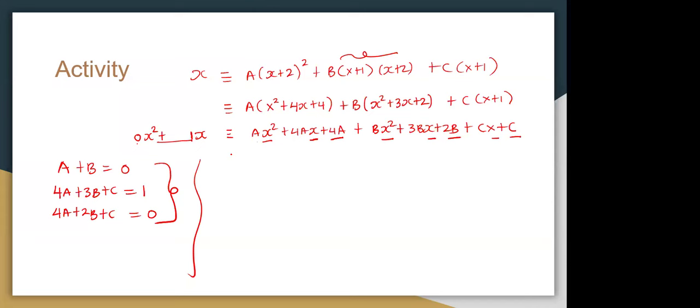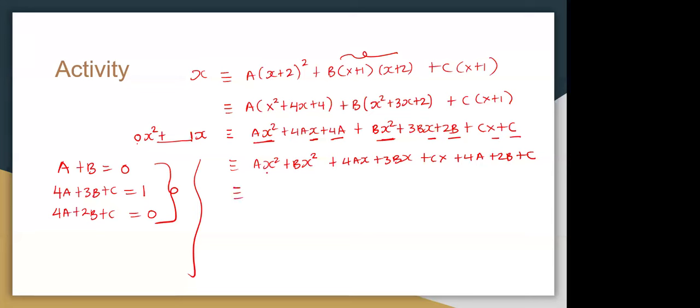From how we equate the coefficients? Yes. Okay, now this side, when I collect like terms, I have x squared here, I have bx squared here. So I can first bring them together. Then I have 4ax plus 3bx plus cx. Then I have 4a plus 2b plus c. Now I'm just collecting like terms.